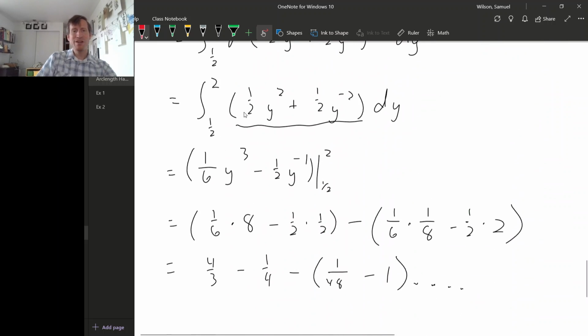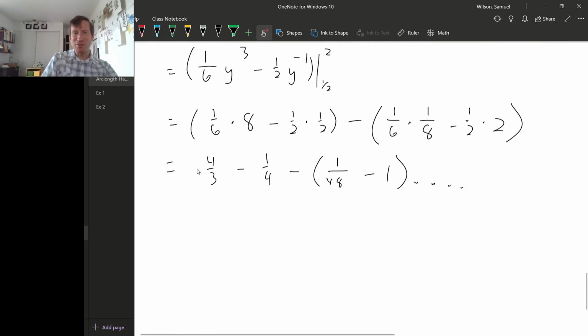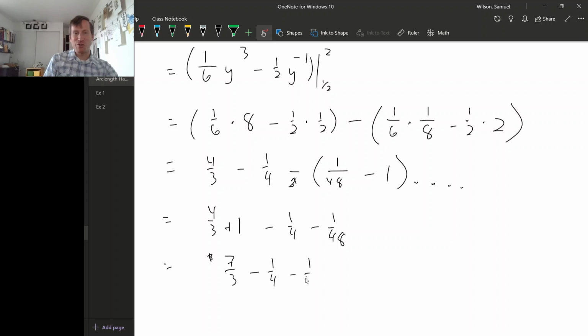Right? And if we evaluate some of this, so 4/3, this -1 here is actually plus because of the minus sign in the middle here. So we're going to have a +1 minus 1/4 minus 1/48. So 4/3 plus 1 is 7/3 minus 1/4 minus 1/48.